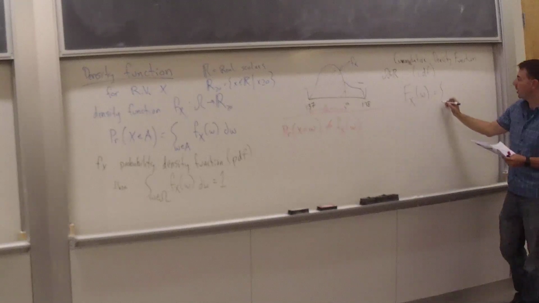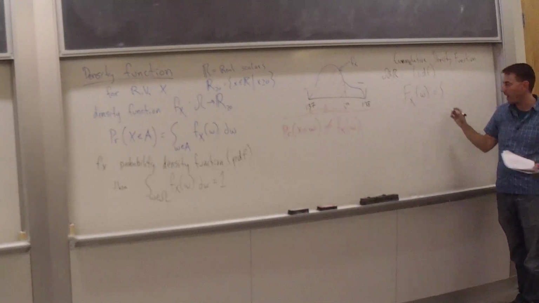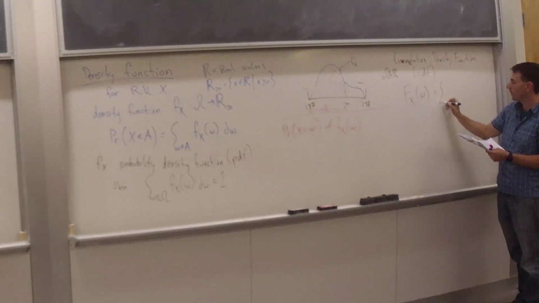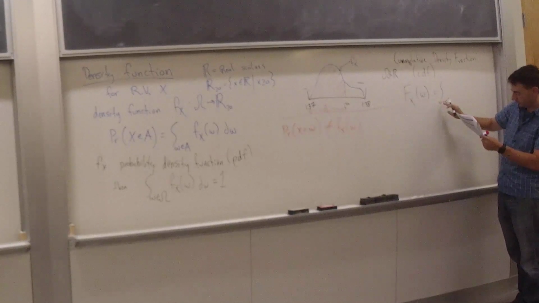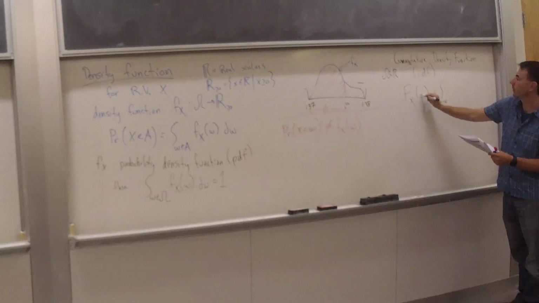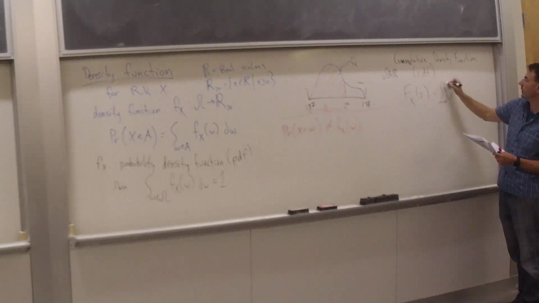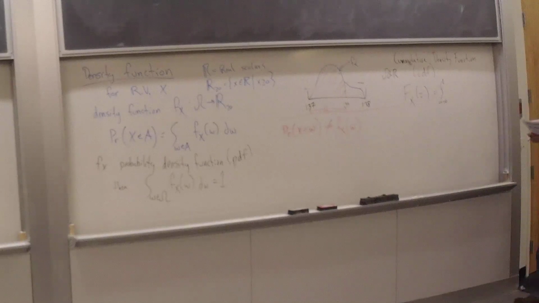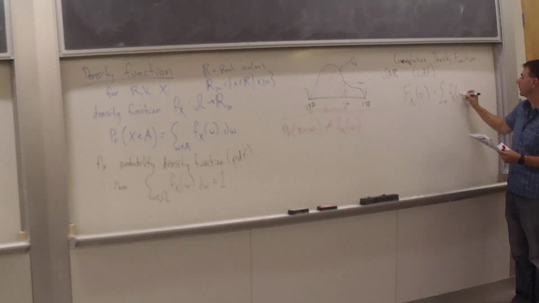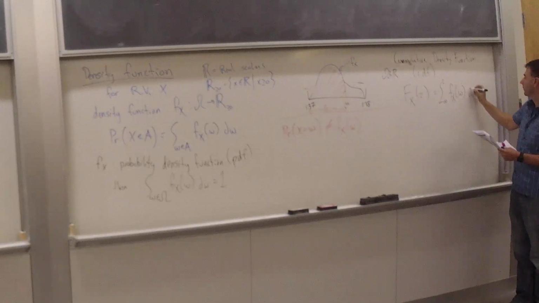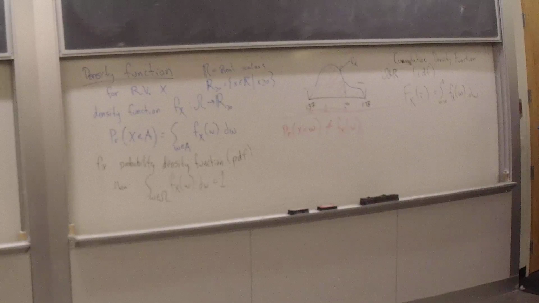That means the outcomes are on the real line, and I can say from omega equals negative infinity up to t, this will be f of x, d omega.